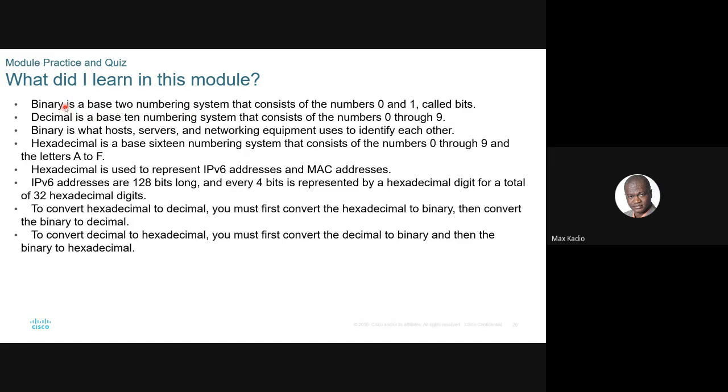In binary, you have a group of 2 elements, 0 and 1. So 0 or 1 is called a bit. If we align 8 bits, we call it a byte. To count in binary, it's either 0 or 1, and we use a combination of these two. So it's base 2.